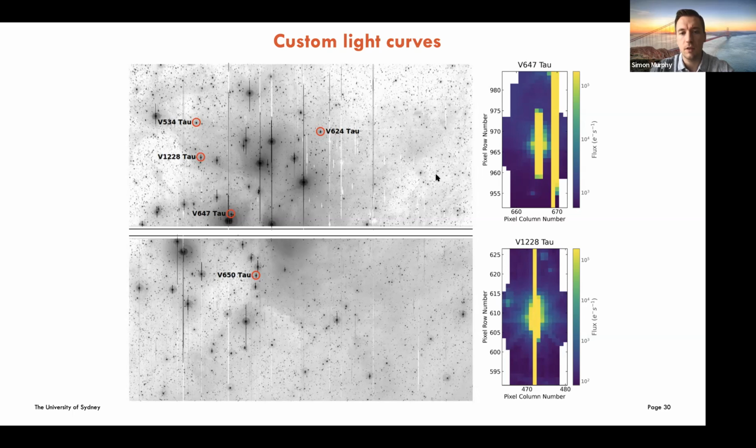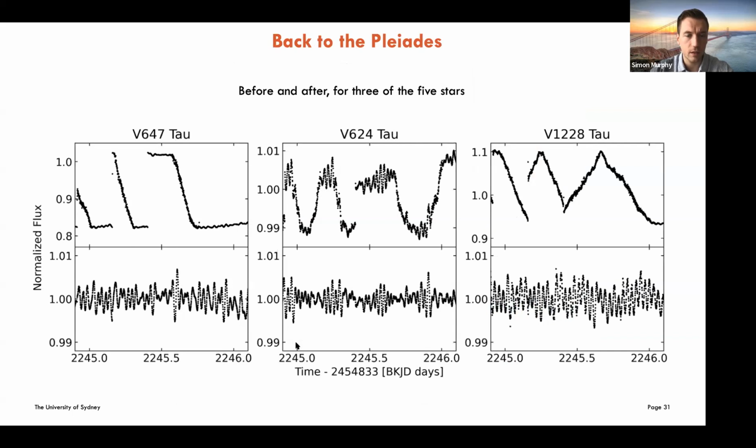So you have to do something to account for that. And the same with V1228 Tau, that star is bright enough to saturate the detector, and so you have to do some clever stuff in order to capture all of the flux. So I'll give you a bit of a before and after of what these stars look like. There's V647 Tau on the far left. You're seeing changes in flux of about 20%.